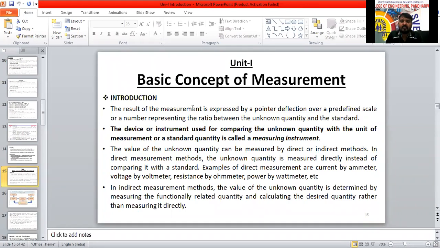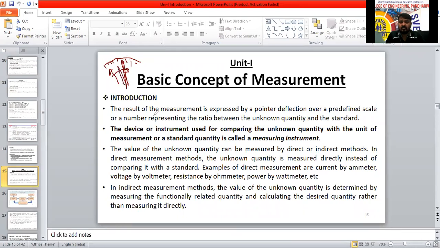The result of the measurement is expressed by a pointer. How do we measure? I will consider analog meters here. There is a pre-calibrated scale and a pointer that rotates and indicates a particular value.